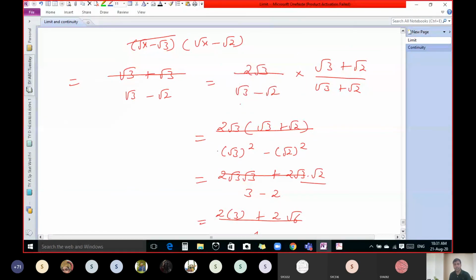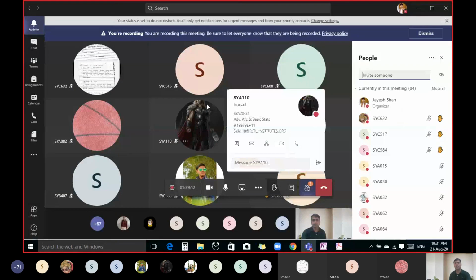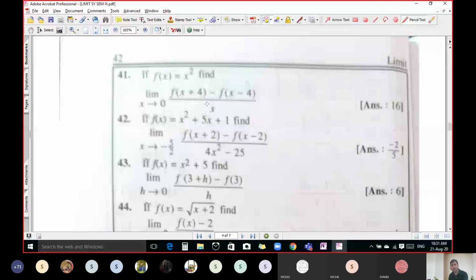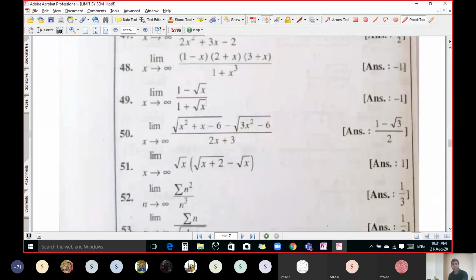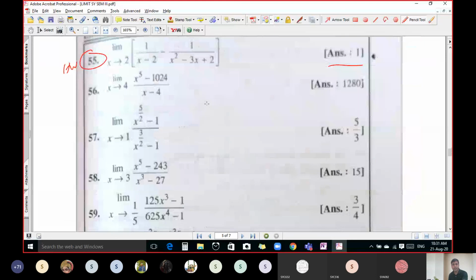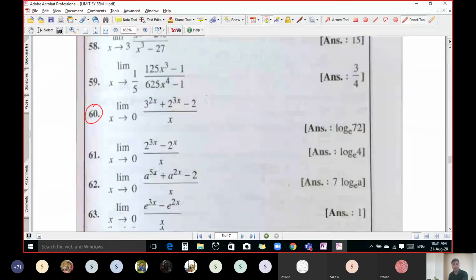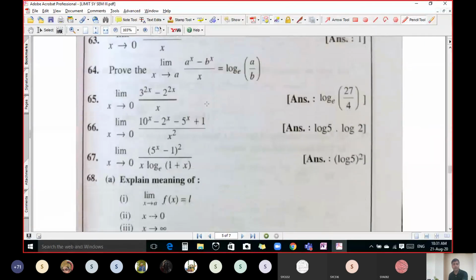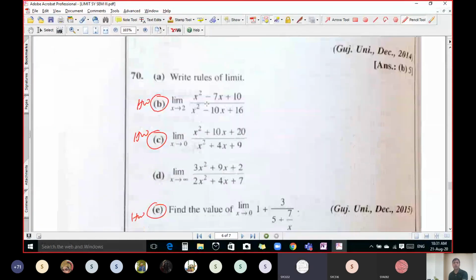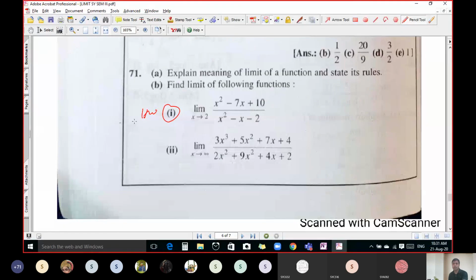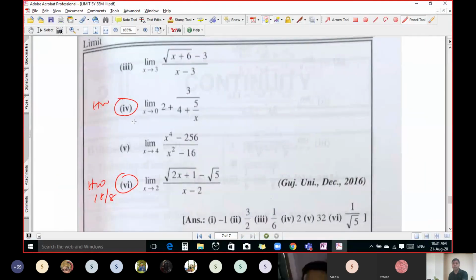Okay, so I think we have this much time only, so let us keep this up. Let us write down some homework if it is possible. No, I don't think now you are able to do any of the examples, because all the remaining examples require some different type of concept.